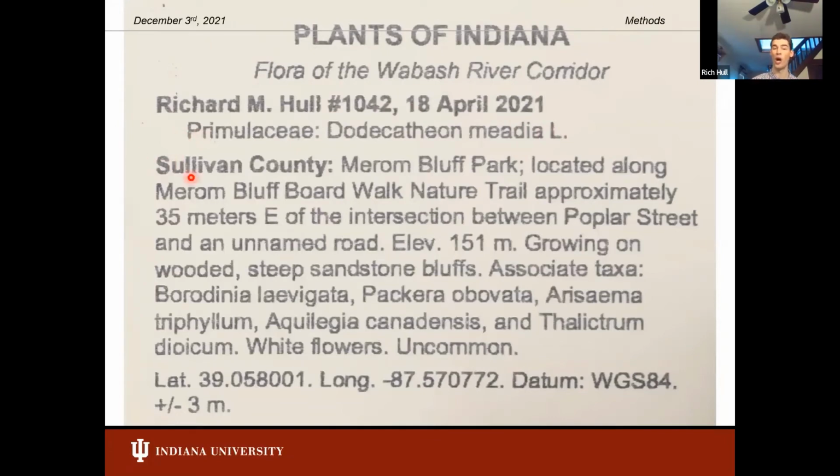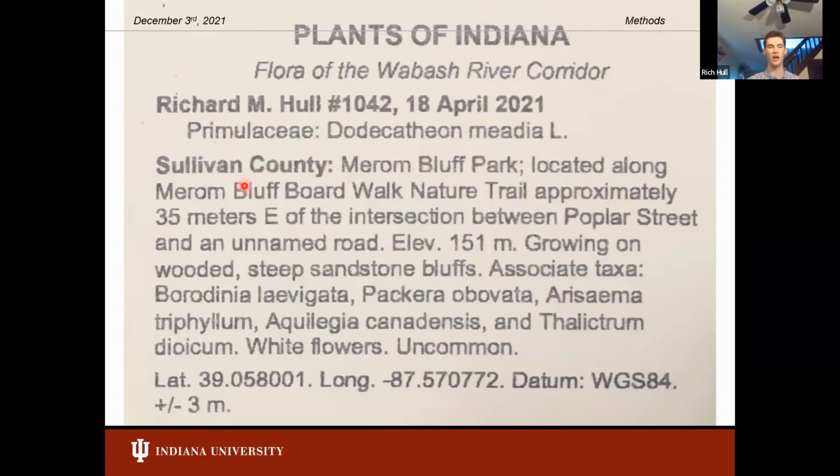I have the broad locality, Sullivan County. I have a more specific locality, Merom Bluff Park, and we saw this in the picture earlier. The specimen is located along the Merom Bluff Boardwalk Nature Trail, approximately 35 meters east of the intersection between Poplar Street and an unnamed road.